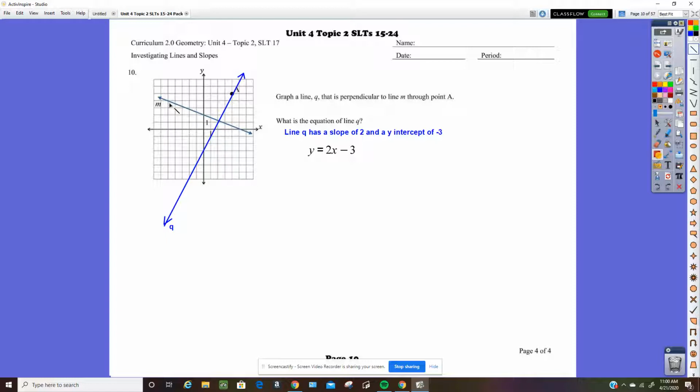So I could do it this way here. So down 2, and 1, 2, 3, 4, 5.